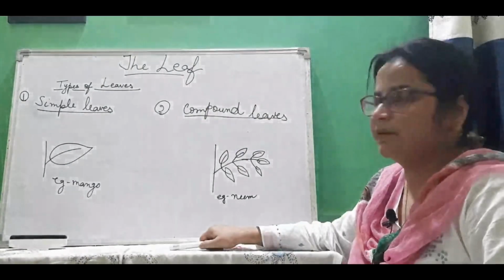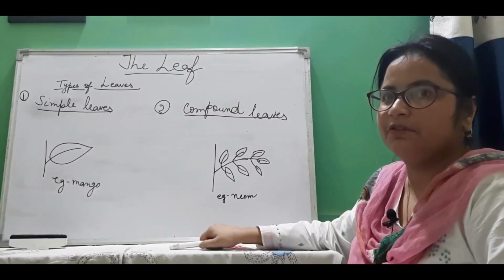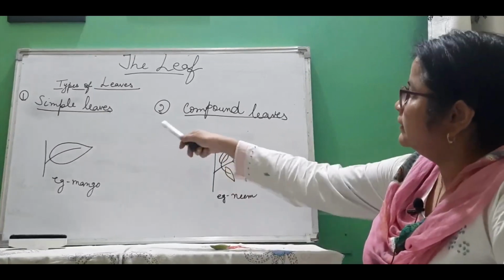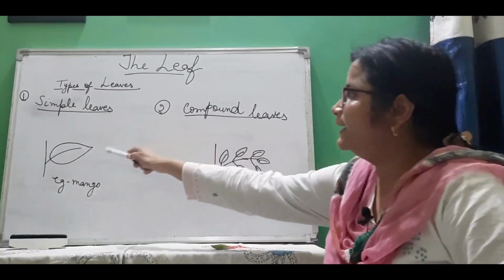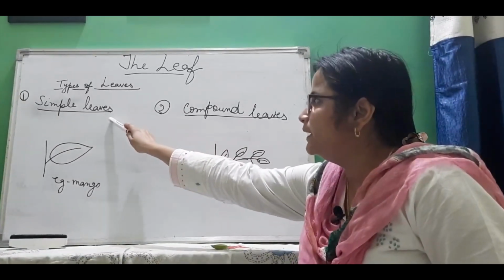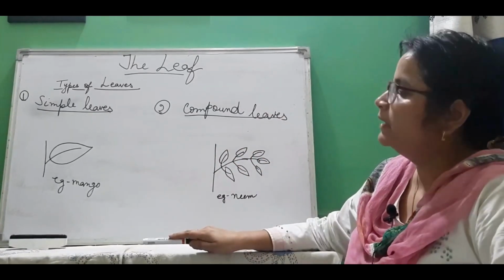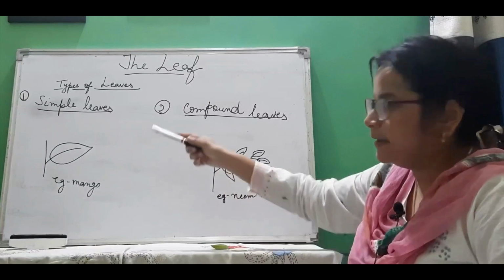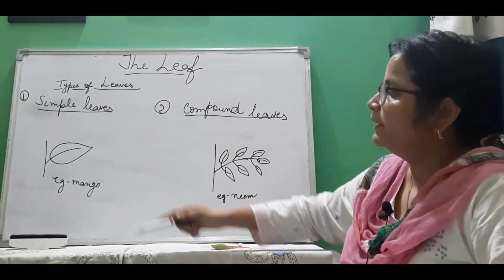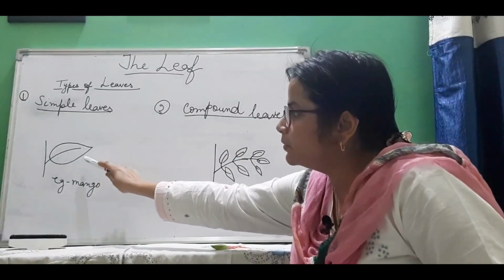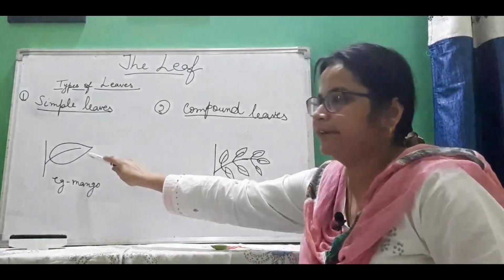Coming to our next topic, which is types of leaves. You can see on the board, leaves are divided into two types: simple leaves and compound leaves. First is simple leaves. By name it is clear, very simple, in which the lamina is not divided into different segments.